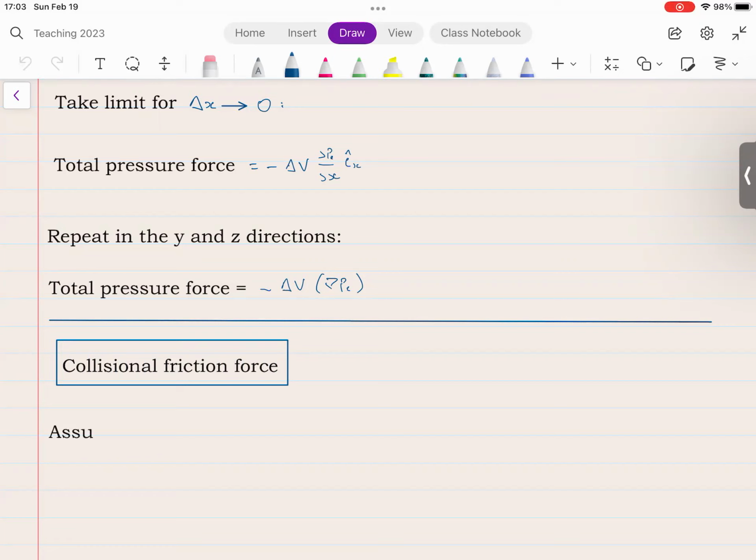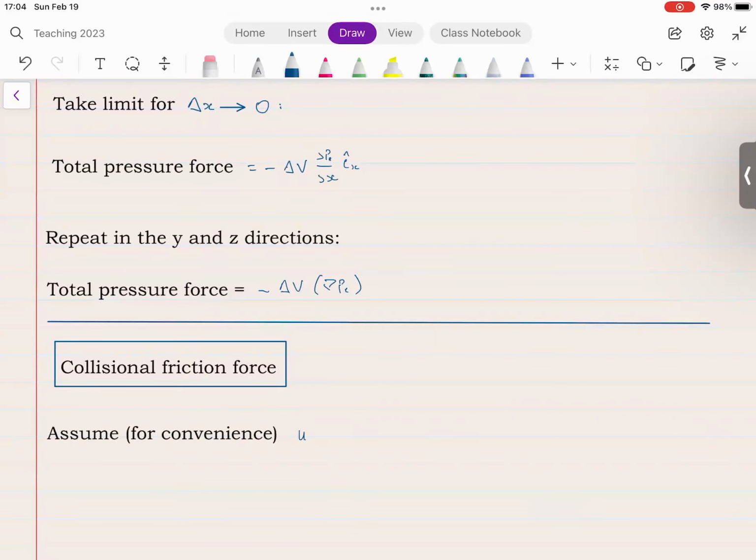It's just for convenience, and also because it's typically the case. Now, the velocity of the ions is less than the velocity of the electrons.